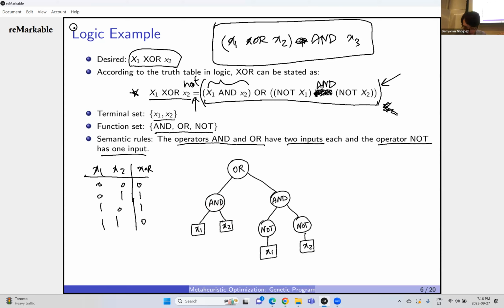Then also let's go into this. I have not of x1, not of x2, then I have and of them, then between them I have or, and at the end I have a not, which I just need to add right now. Did you understand? Agreed? Okay. Thank you for correcting me. I appreciate it.